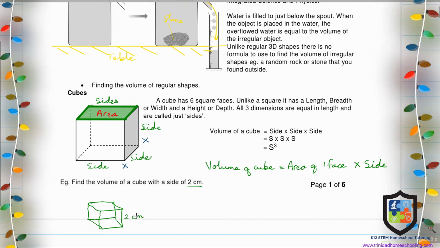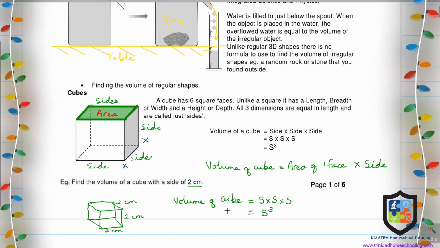Because it's a cube, all the sides are the same, so we should label at least 3 of the sides 2 centimeters. The volume of the cube, and always write your formula. Volume of cube is equal to side times side times side, or side cubed.